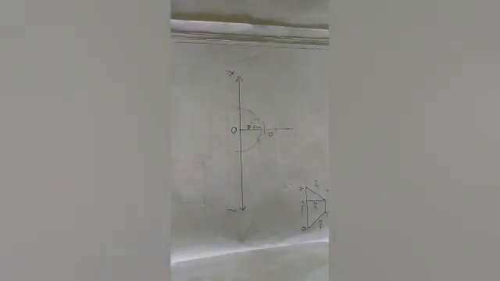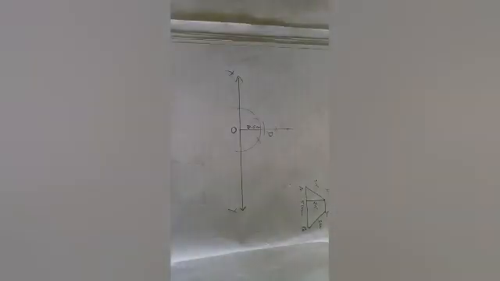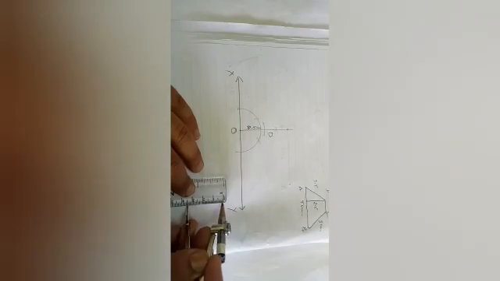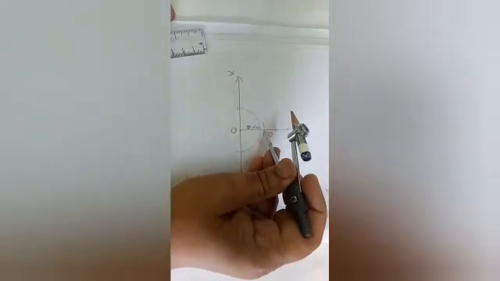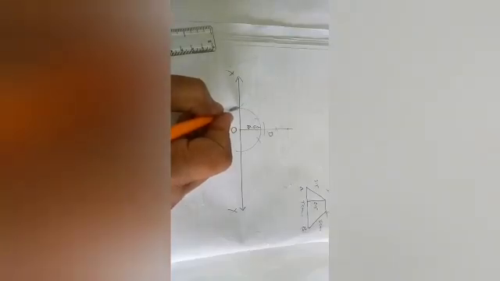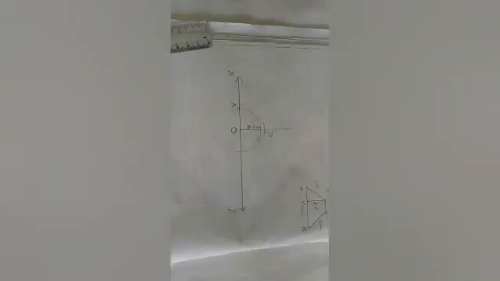Is this step clear? Now, take an arc of 3.5 centimeter. That is, DA is 3.5 centimeter. From point D, cut an arc on the line XY. It will intersect, name it point A.